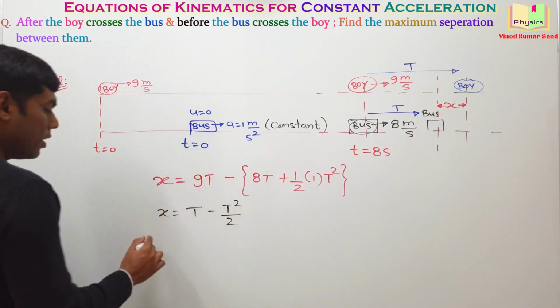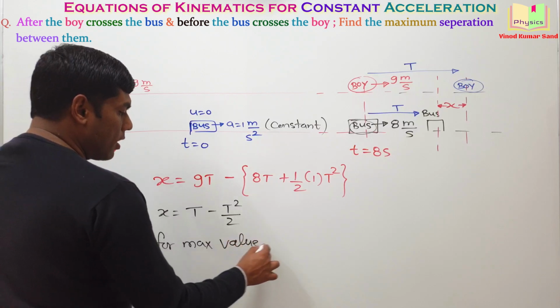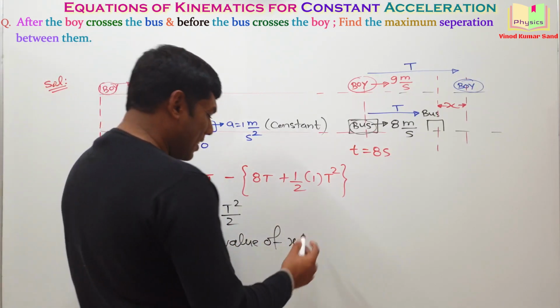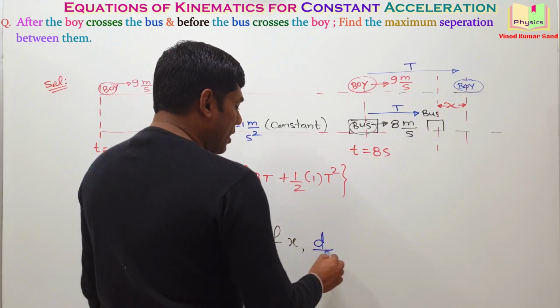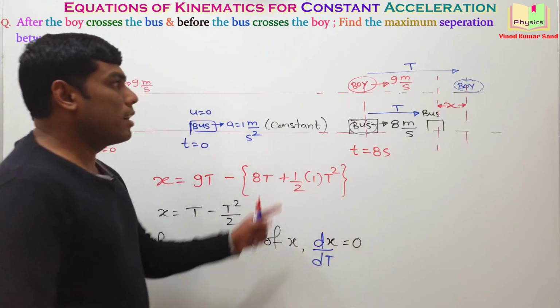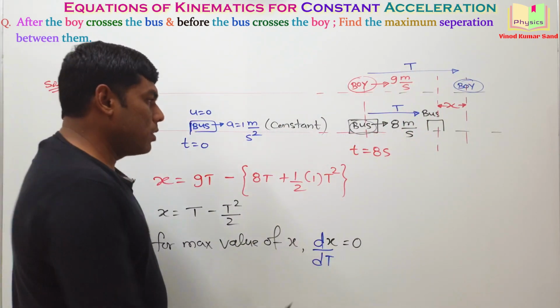Is it okay? For the maximum value of x, which concept can we use? Correct? dx by dt should be equal to 0. Here this time t is the variable, so we are differentiating with respect to it.